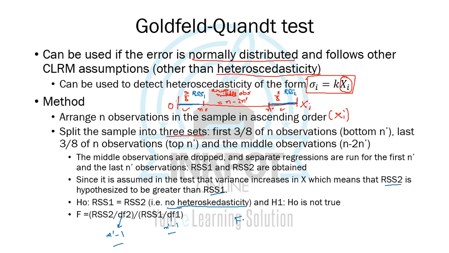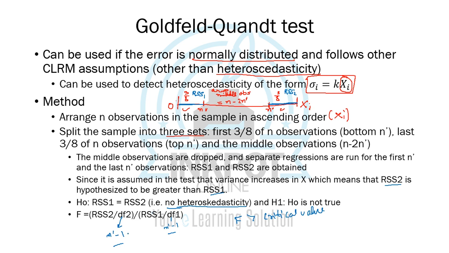If the F statistic exceeds the critical value, then we reject the null hypothesis, which is that of homoscedasticity, and then we say that yes, there indeed exists some heteroscedasticity, or in other words, RSS2 is greater than RSS1.